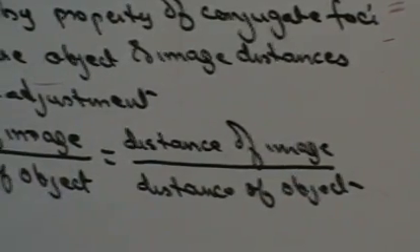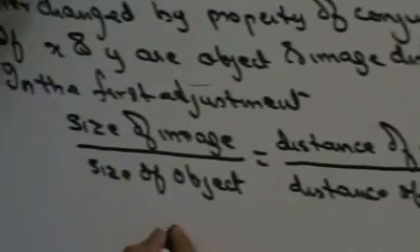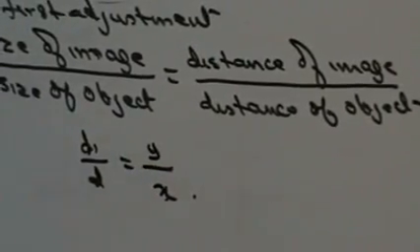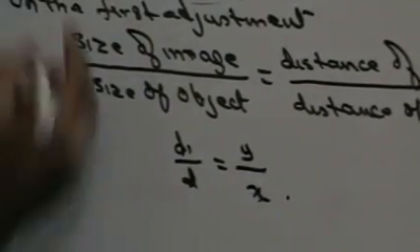In which case size of the image in the first case was d1, size of the object was d, distance of the image was y, distance of the object was x. Now that was in the first adjustment.